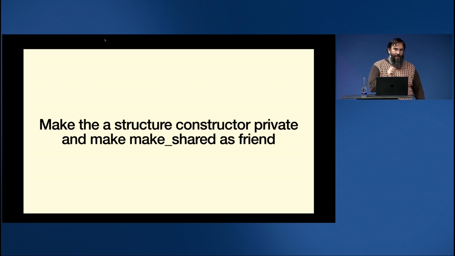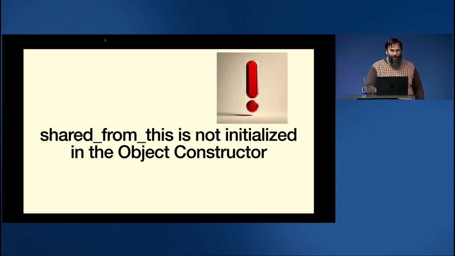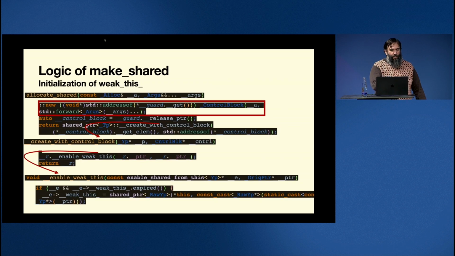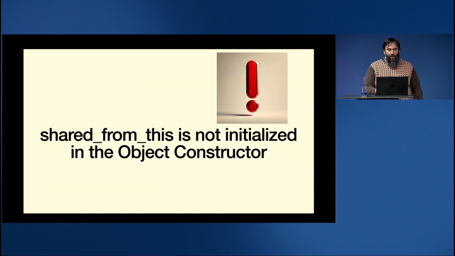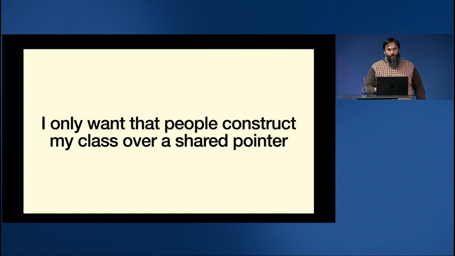Now, how does the make shared implementation look like? I have it, not the make shared, but this allocate shared is more or less the make shared. As you can see, it's a variadic parameter pack. What's the story with the variadic friends? We don't like variadic friends. Actually, C++ doesn't allow you to have variadic friends.